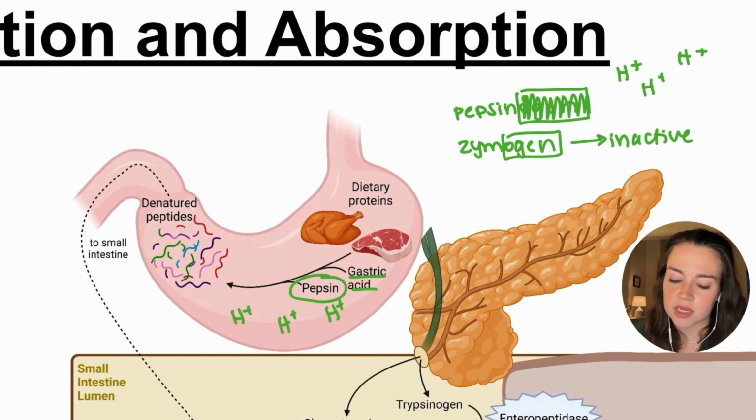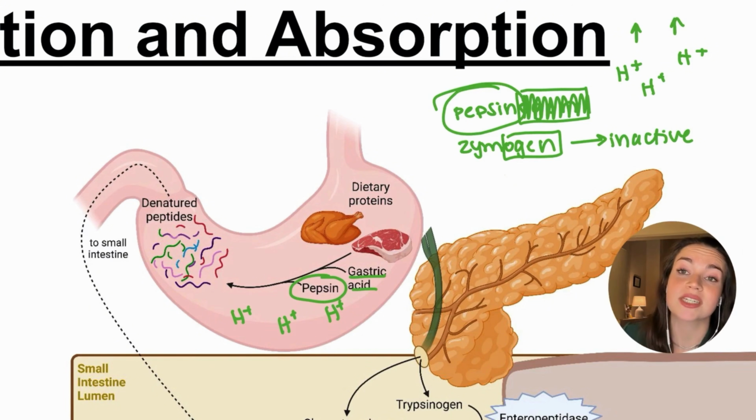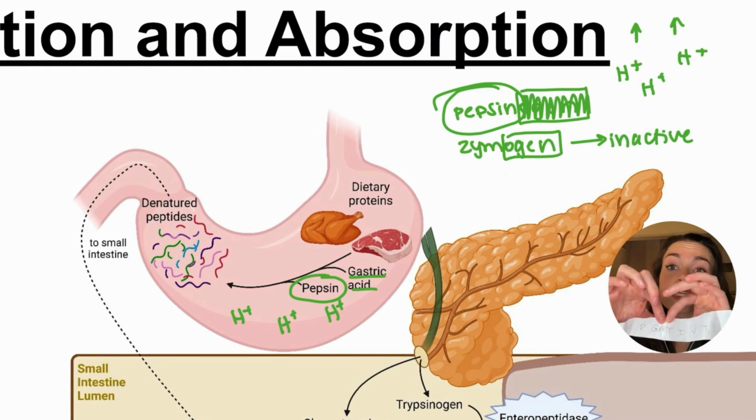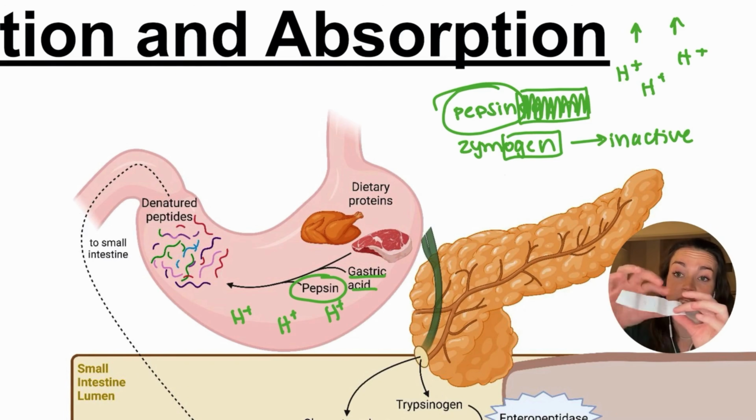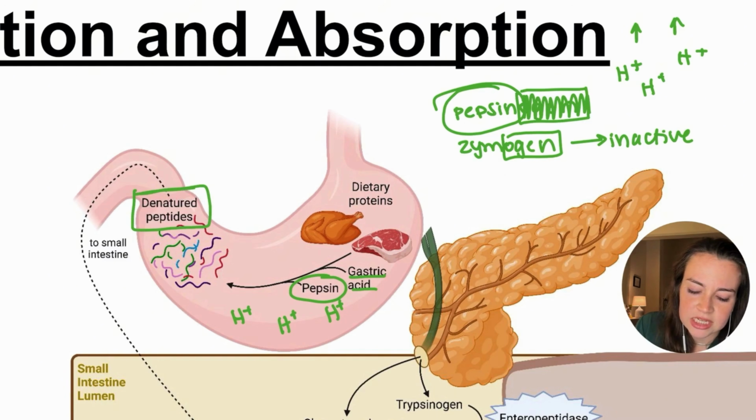So when we ate our meal, we had a big surge of gastric acid, and that activated the pepsinogen into pepsin. Pepsin is going to take our denatured, linear protein and cleave it up into peptide chains. All these different chains are going to look different. It'll cleave at phenylalanine, tyrosine, and leucine bonds and leave you with a bunch of heterogeneous denatured peptides. Those were these. And so those are the steps that happen in the stomach.